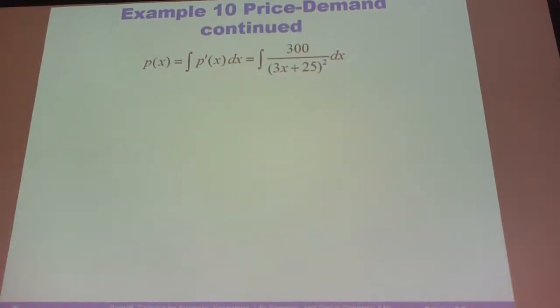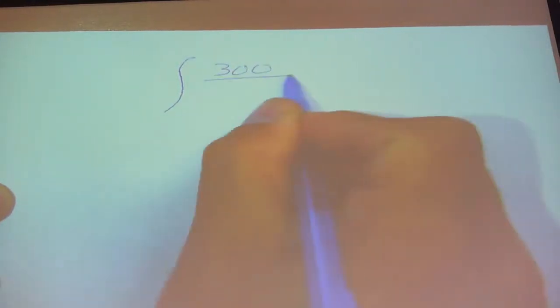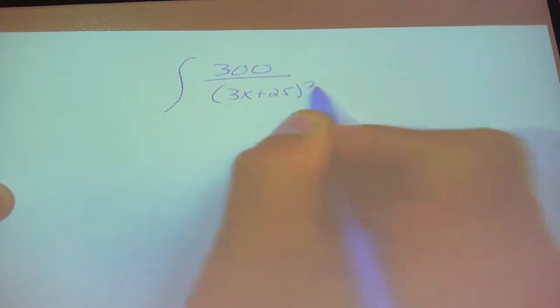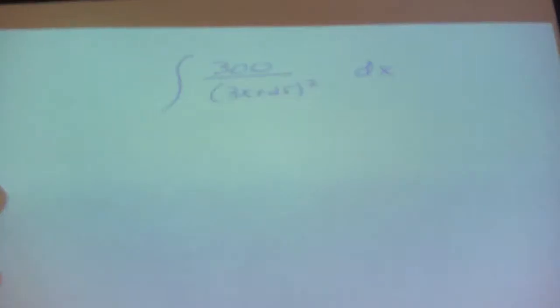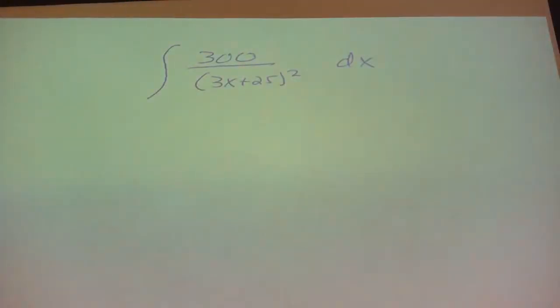So here's our bottom line. Okay? Again, we're given a derivative. So to work backwards, we take the integral of 300 over (3x plus 25) squared dx, which means you're going to have to do u substitution.